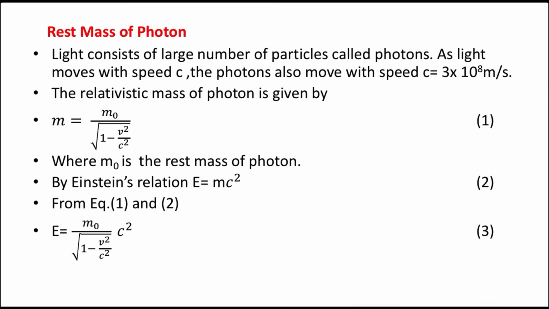So from equation 1 and 2, we can write E is equal to m0 upon under root of 1 minus v square upon c square into c square. I have substituted the value of relativistic mass m from equation 1 in equation 2.